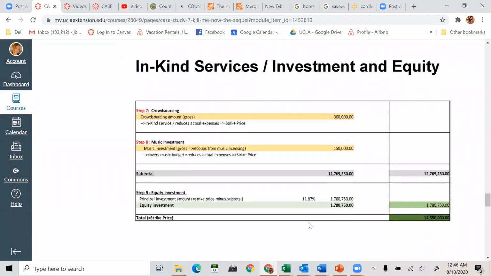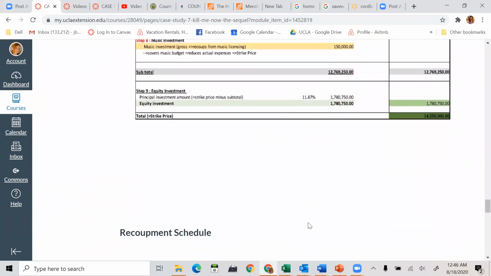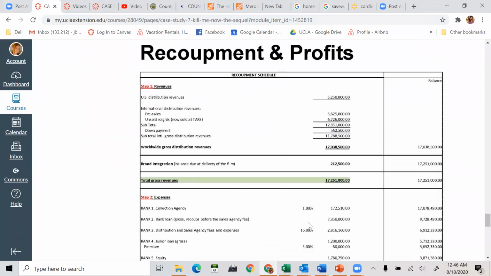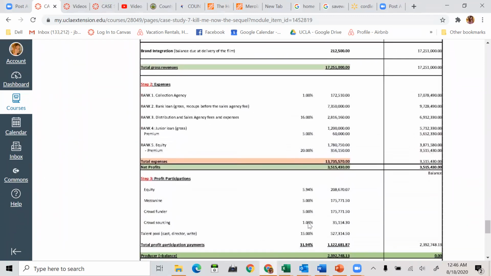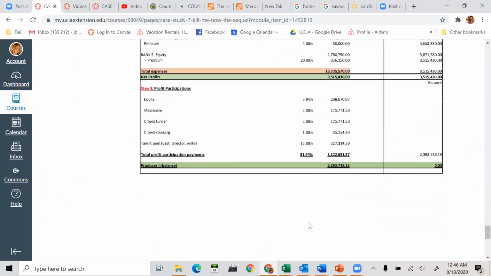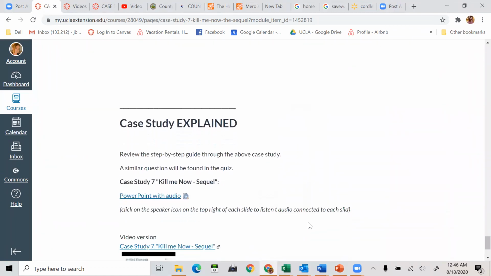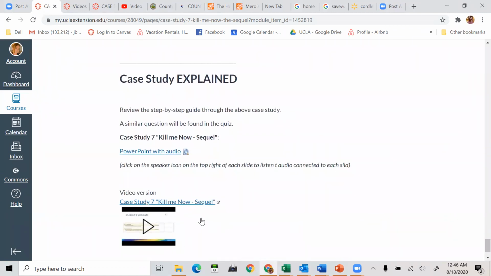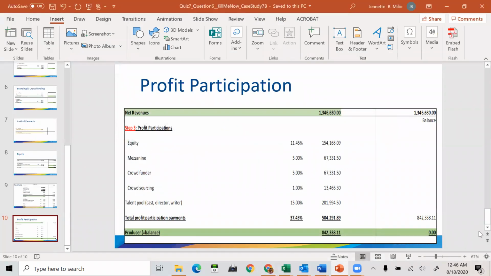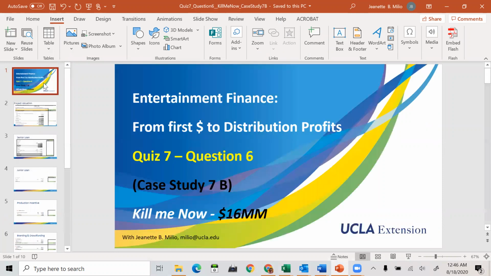You go to the in-kind services, and then you see your recoupment and profit schedule here in the case study. So this is the base case study that you look at, and it is explained with a video right here. Look at that first, and then you know how to run the case study that we are doing here, which is your quiz number 7, question 6.